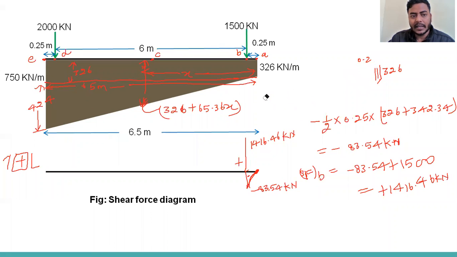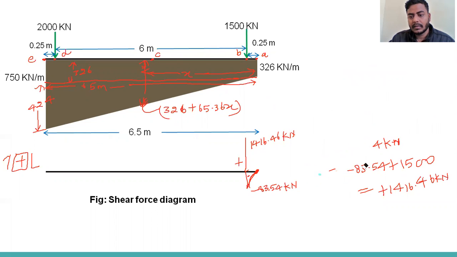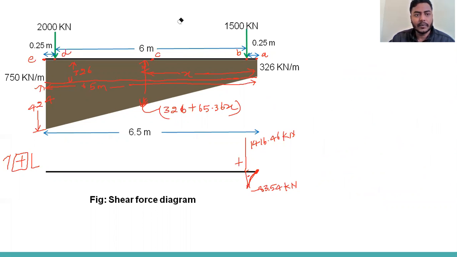Now we can calculate some other point. Now we can calculate the shear force at D. To calculate D, first we will calculate the shear force at C. Suppose there is some location, I'm taking the x-axis here, at distance x from the left side.